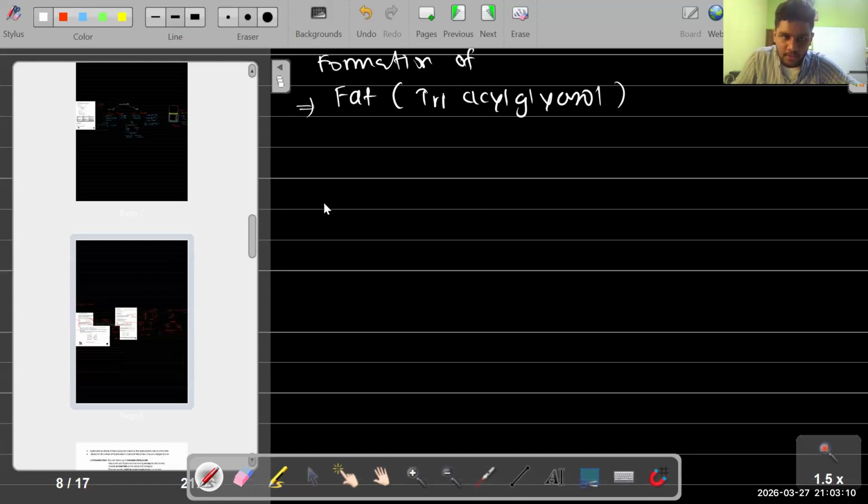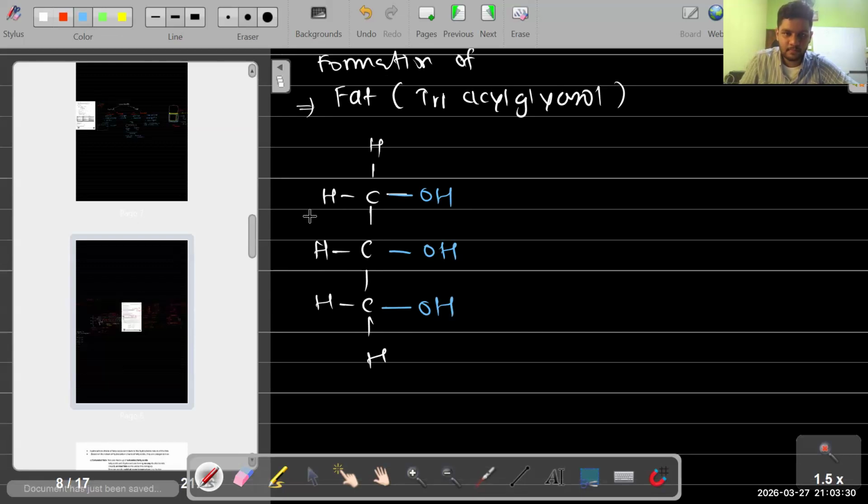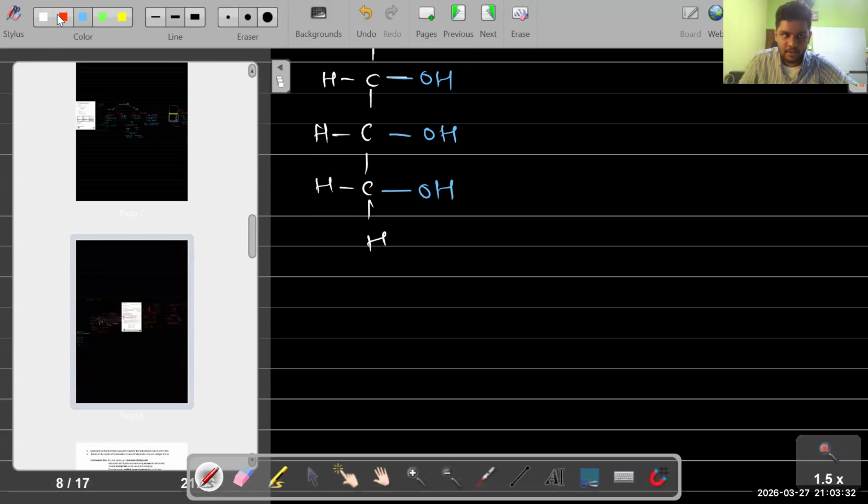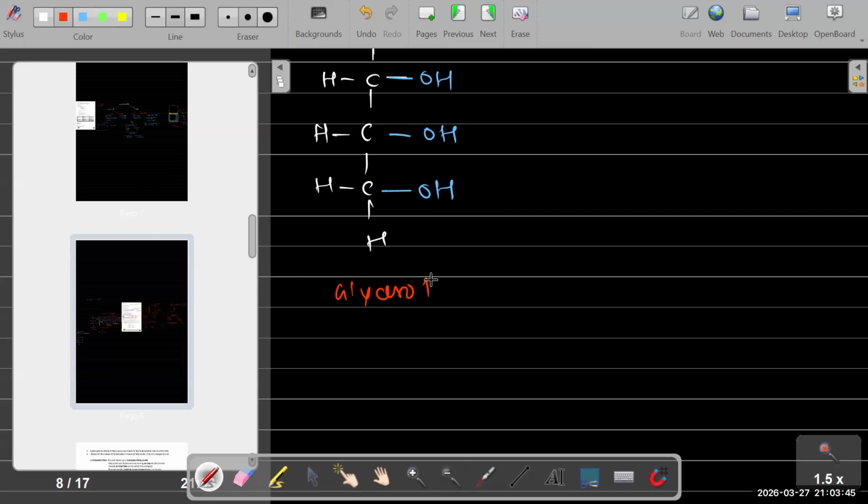Now I'll draw the glycerol molecule. There are three carbon atoms, each with hydrogen atoms, and I have hydroxyl groups. As these have hydroxyl groups, glycerols are considered to be what type of molecules? If they have an OH, they are considered to be what type of molecules? Alcohols. Very good.